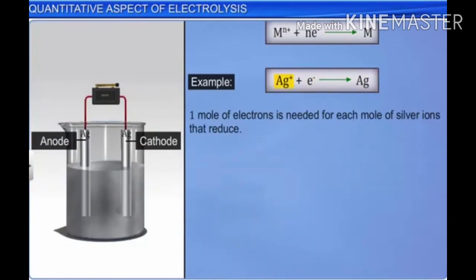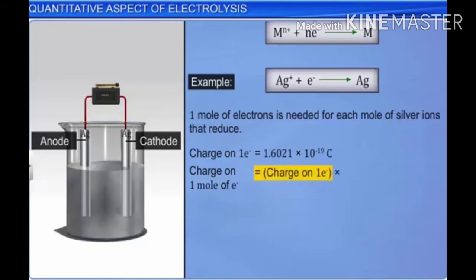that reduce. You know that the charge on one electron is equal to 1.6021 multiplied by 10 raised to the power of minus 19 coulomb. Hence, the charge on 1 mole of electrons is equal to the product of the charge on an electron and the Avogadro number. This can be written as the product of 1.6021 multiplied by 10 raised to the power of minus 19 and 6.02 multiplied by 10 raised to the power of 23.